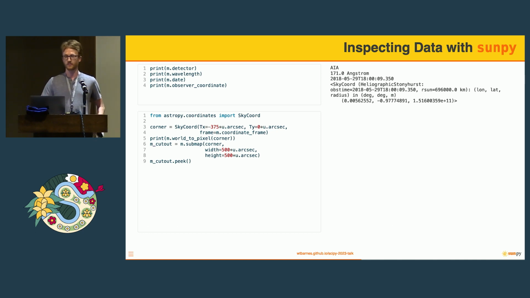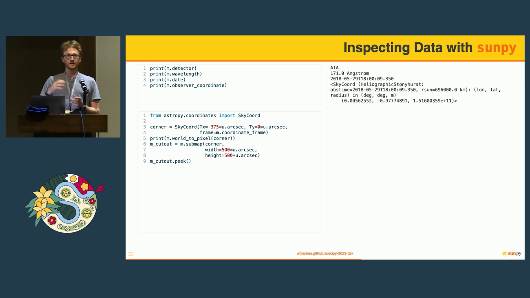I just want to point out that all of these metadata attributes are returning core data structures provided by Astropy. For example, a quantity, which is just a number or an array plus units, or a time object, or a coordinate object, which is a location plus the coordinate frame that it's located in.